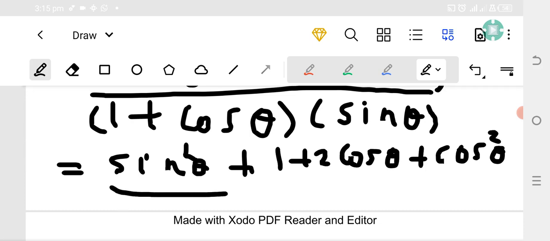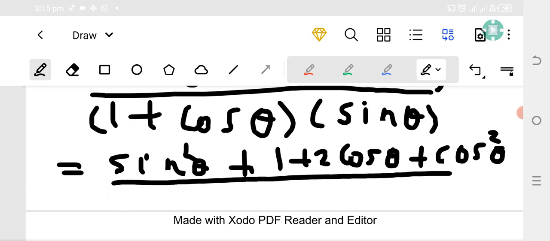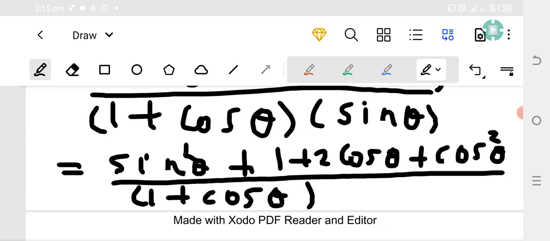Then you divide by that denominator, 1 plus cos theta multiplied by sin theta.